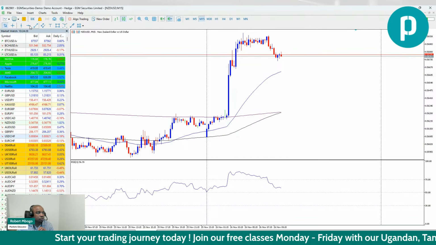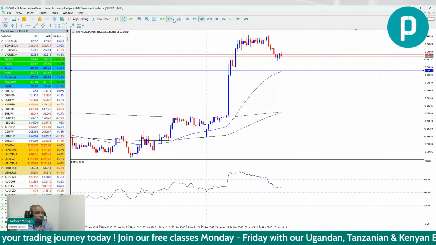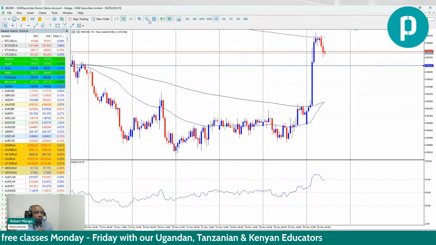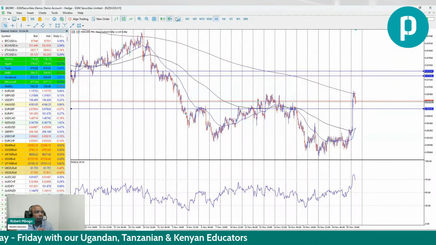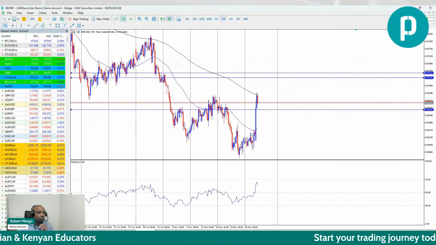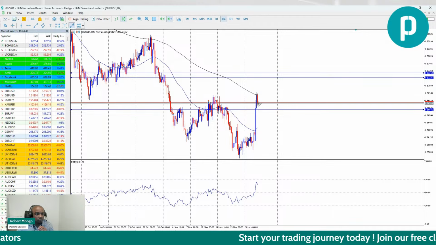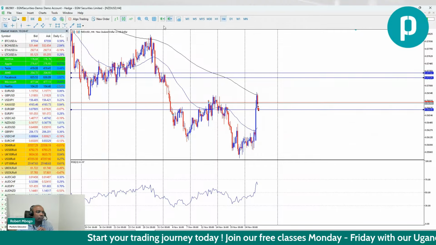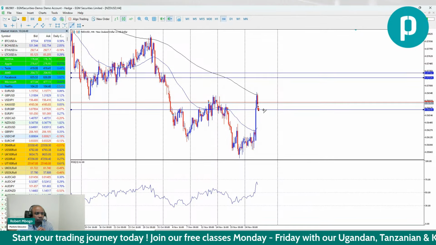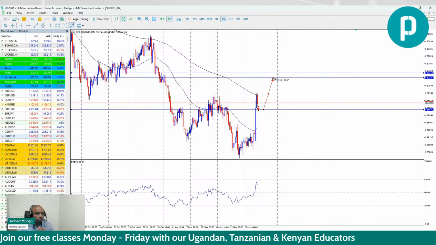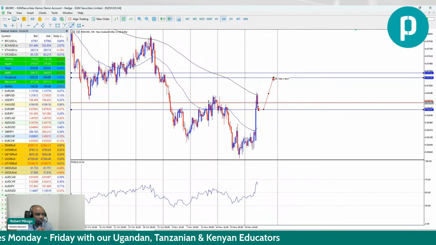So if price was to test this moving average over here on H1, then we could see a possibility of NZD/USD coming to this low, and then maybe we could see some bullish move to test that area.